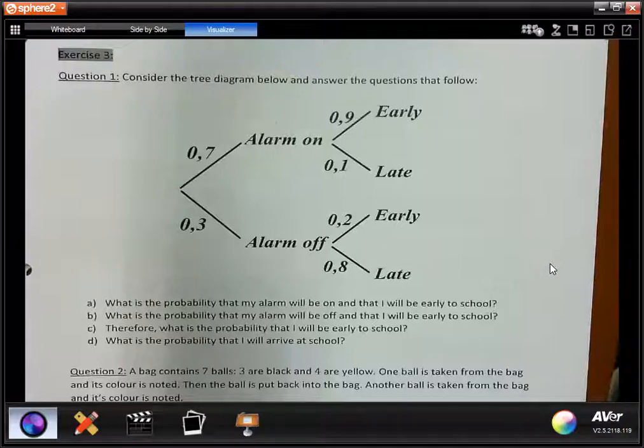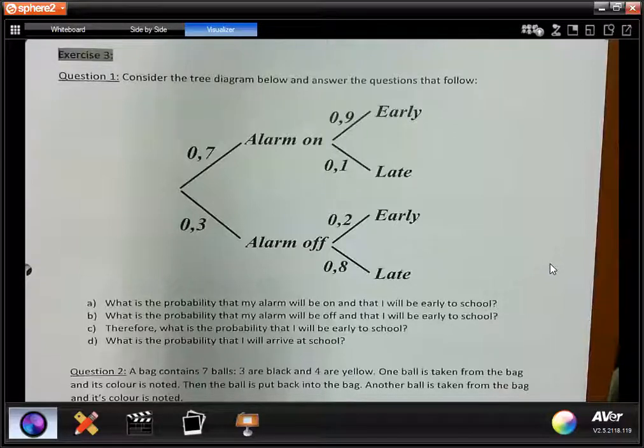For B, they ask what is the probability that my alarm will be off and that I will be early to school. So for the first question we're calculating alarm on and early, and for the second question we're calculating alarm off and early. In C, they ask, therefore, what is the probability that I will be early to school? There are two ways in which you can come early to school: either your alarm is on and you come early, or your alarm is off and you come early.